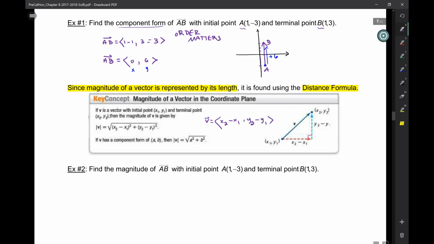Now, suppose I could write that as a comma b. Can I do that? Of course I can. So now, if a is the first term in the component, b is the second term, what else could I do to find the distance? Well, it's just the square root of a squared plus b squared.